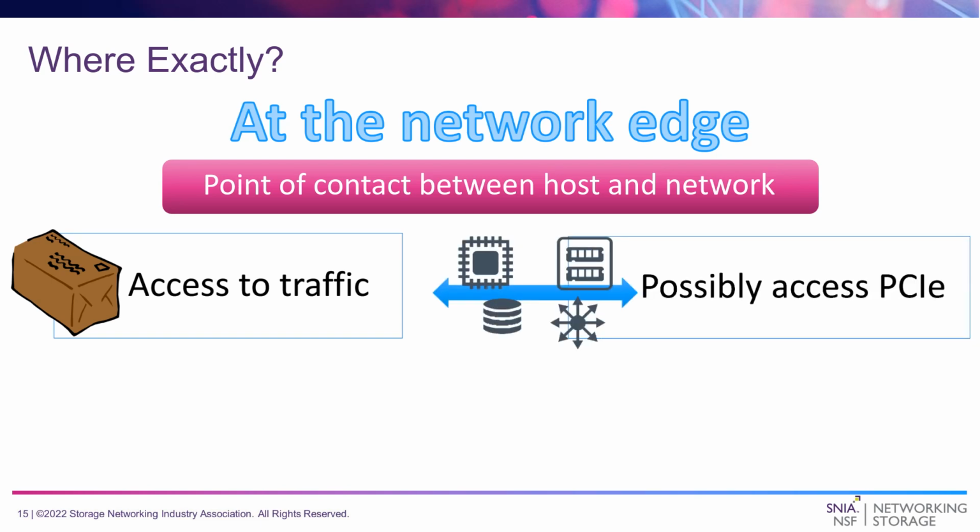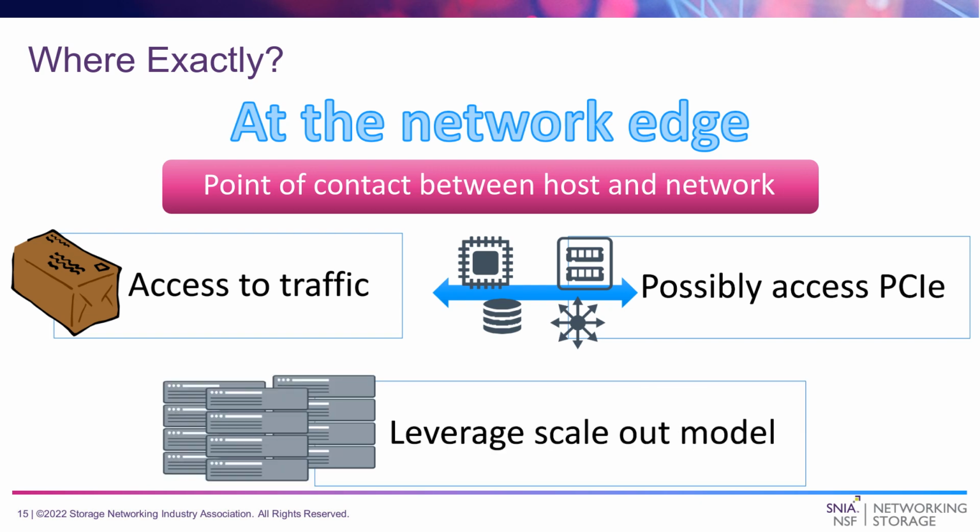Moreover, that's where we can possibly have access to the PCIe bus. If we have access to the PCIe bus, then we can implement a number of services that are accessed by the host processor through the PCIe bus. The typical example is storage. If we want to virtualize storage there, we can show remote drives as if they were locally connected to the PCIe.